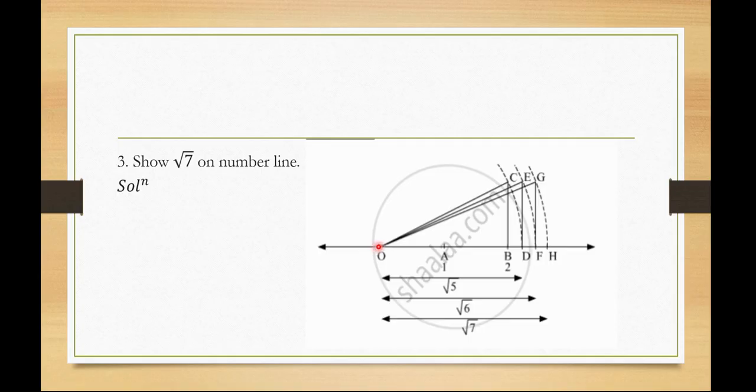First, we have to take O as a center. Now from B, we have to take 1 unit, as A is 1 and B is 2. Now we will take the rounder at B, measure the distance of AB, and from the point B, make an arc over here.